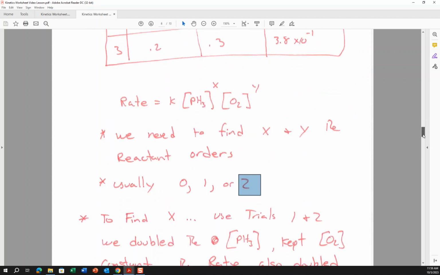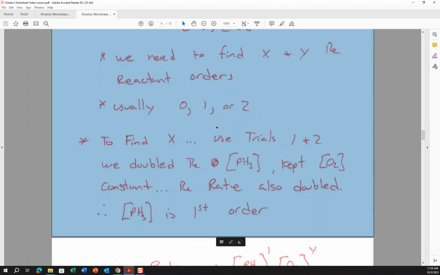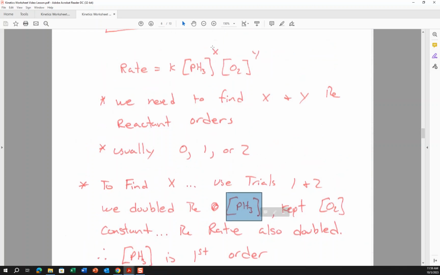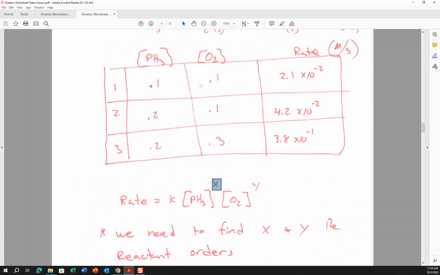Okay. So to figure out the reactant order for pH3, so to figure out X, the reactant order for pH3, we should look at trials 1 and 2. The reason why we're looking at trials 1 and 2 is because between trials 1 and 2, we changed the concentration of pH3, but we kept the concentration of O2 the same.